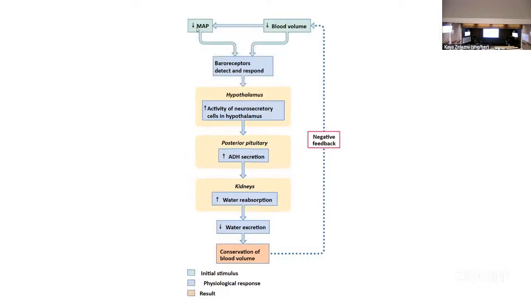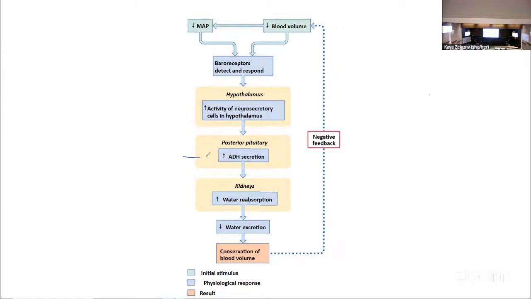So here we see essentially the same pathway, just showing how that plays in with MAP and with blood volume. All right, so we can see we're still talking about a situation that causes ADH secretion to increase water reabsorption and stop our water excretion. But in this case, we're looking at our drop in blood pressure and our drop in blood volume.